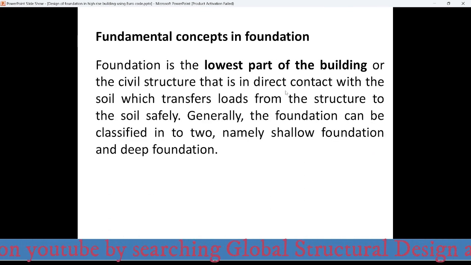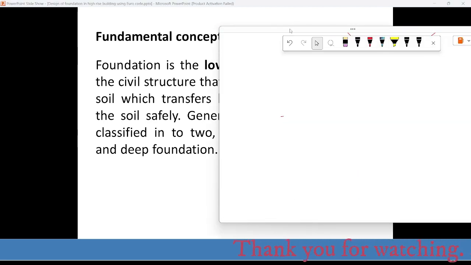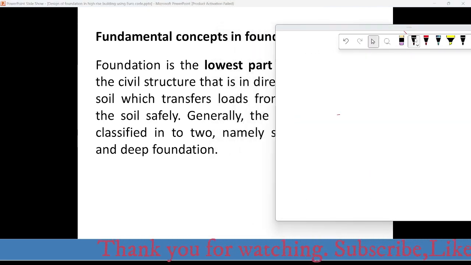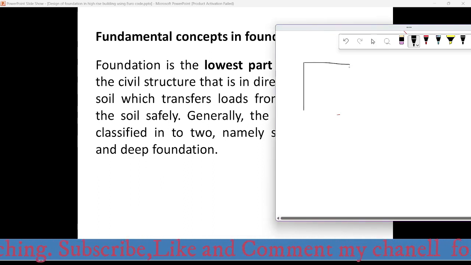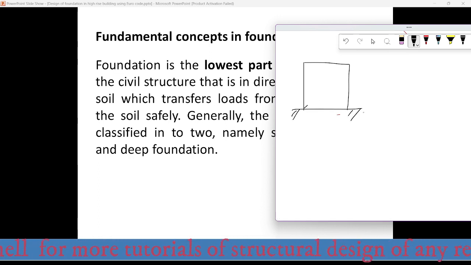Foundation is the lowest part of the building or the civil structure that is in direct contact with the soil, which transfers loads from the structure to the soil. So here, suppose we have the superstructure here. We may have a superstructure here. So this is the ground level here.